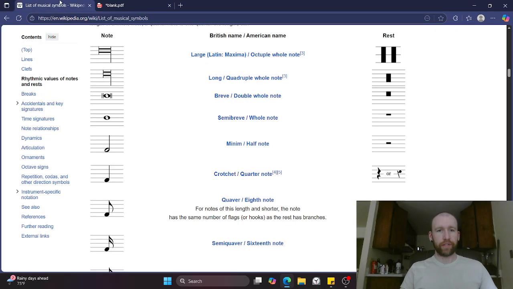Now, I started this video on this page here because this displays the notation for different rhythmic values. Okay, so on this side we have rhythmic values for pitches. I think we'll start here and work our way down. These top three are very special.